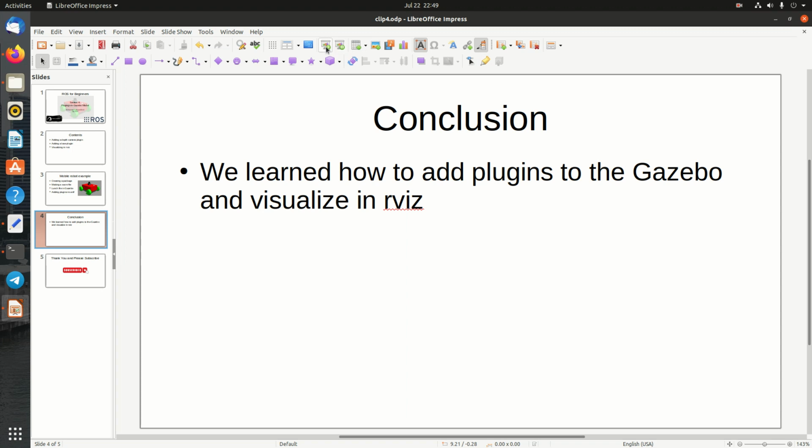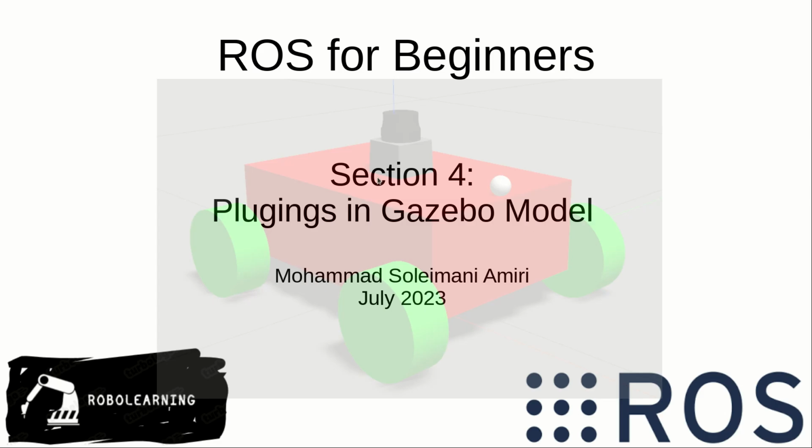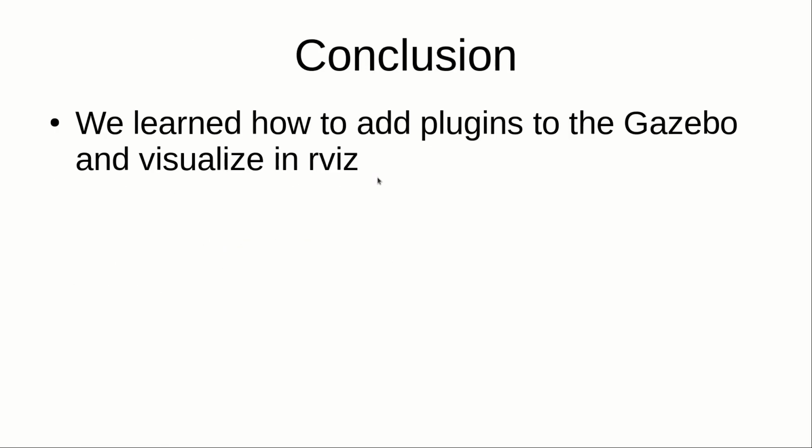Let's conclude our section, our tutorial, in which we learned how to add plugins inside Gazebo and visualize them in rviz. We used two different plugins, the depth camera and the laser.